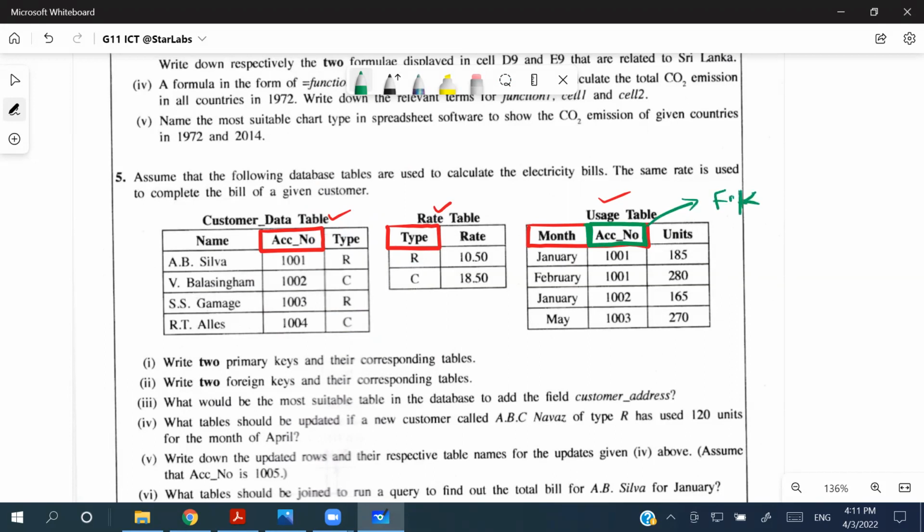Why is it going to be a foreign key? Because it is the primary key of the customer table. So inside the usage table, it's acting as a foreign key. As well as this type is going to be a foreign key because it is the primary key of the rate table.